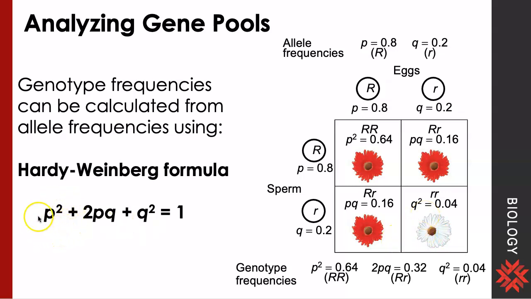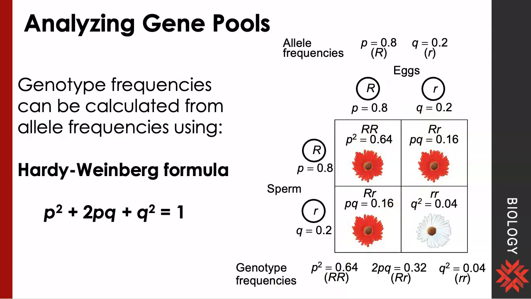So the p squared in the equation represents the frequency of the homozygous dominant genotype. The 2pq represents the frequency of the heterozygous genotype, and the q squared represents the frequency of the homozygous recessive genotype. So now, if you are given just the allele frequencies, you can use this equation to solve for the genotypic frequencies.